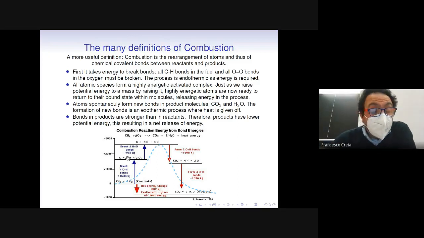The same thing happens for the 2 molecules of oxygen. We need to break 2 double bonds here. They're less energetic. So if you add this amount of energy to this amount of energy, what you have now is essentially 1 atom of carbon, 4 atoms of hydrogen, and 4 atoms of oxygen.